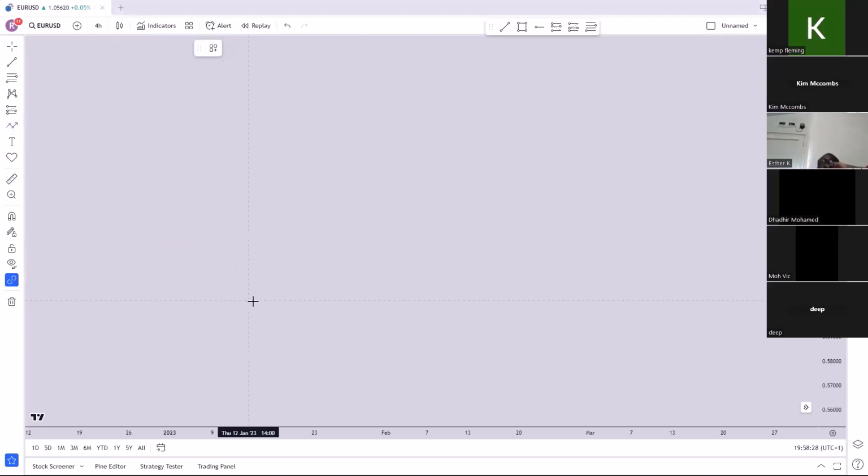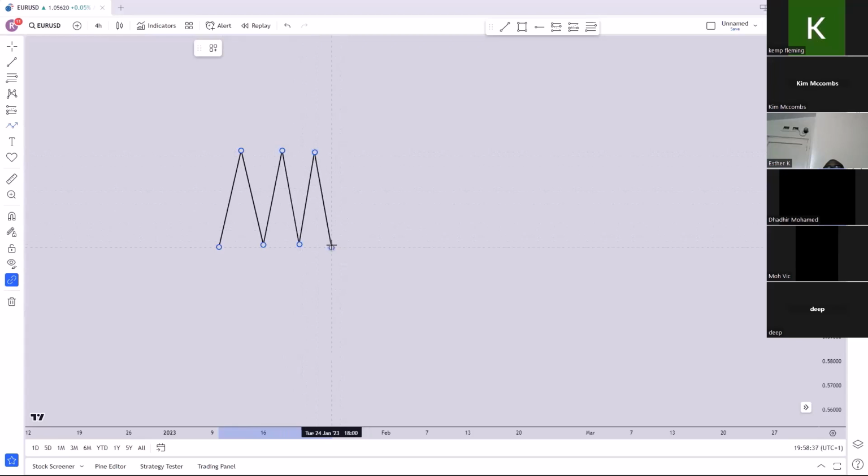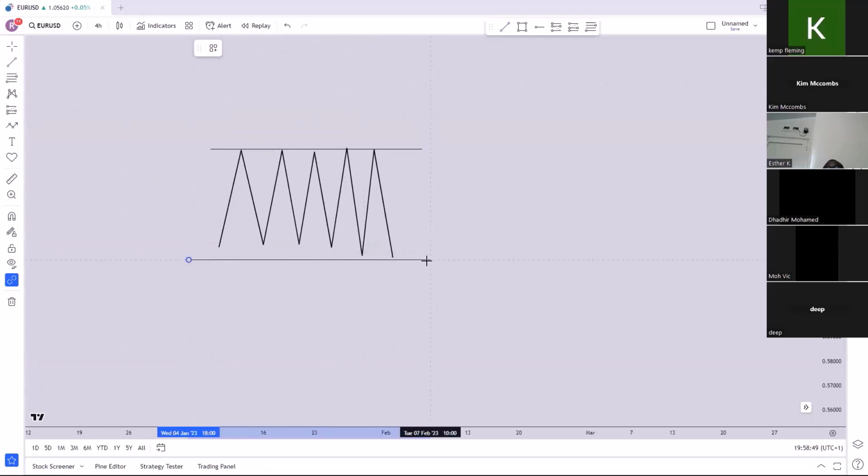Okay, so let's go through a range so we can fully understand what a range is and the components of a range. This is what a range looks like, where it doesn't have a clear direction to the upside or the downside. Up here is what we would call a premium, and down here is what we would call our discount.